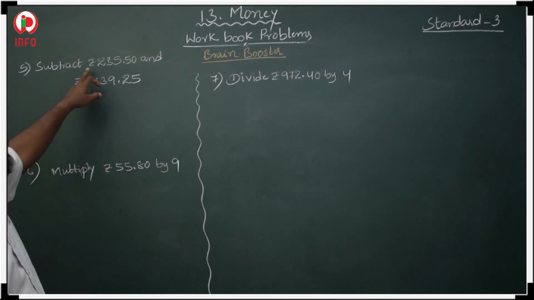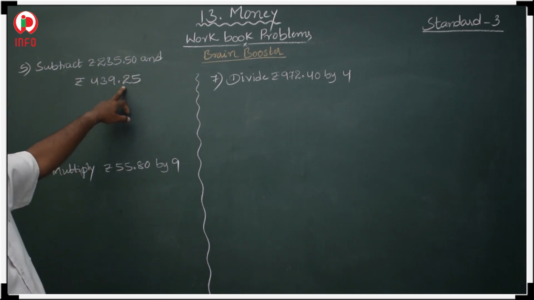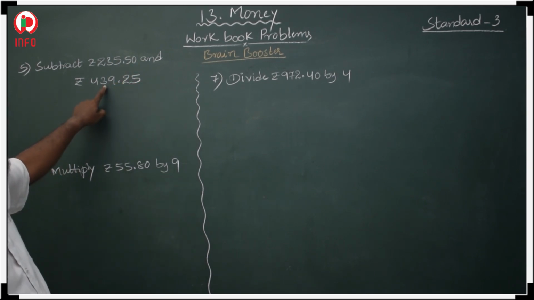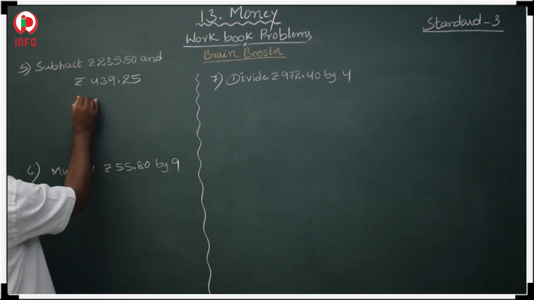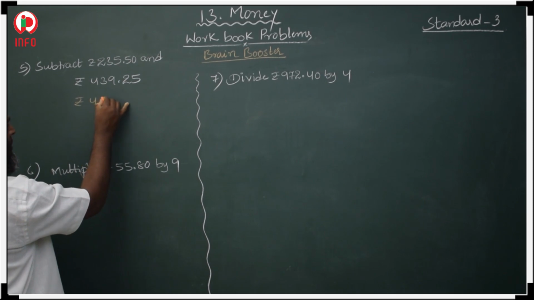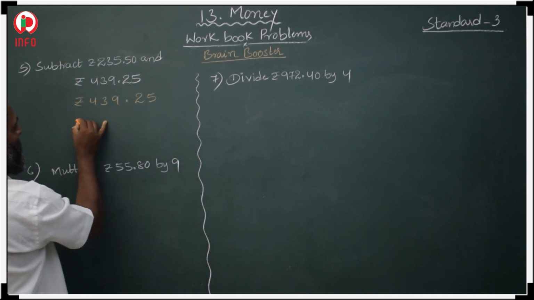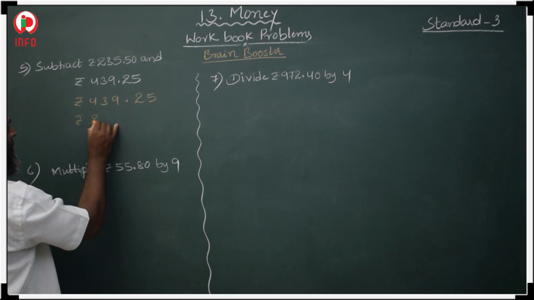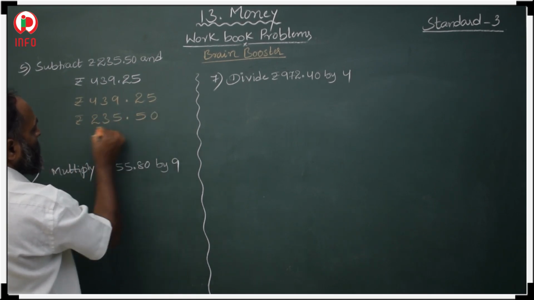Now subtract 235 rupees 50 paisa from 439 rupees 25 paisa. So this is the bigger value, this is the smaller value. So bigger minus smaller we should subtract. Rupees 439 rupees 25 paisa, then rupees 235 rupees 50 paisa.